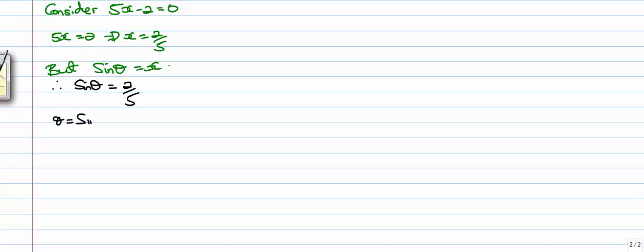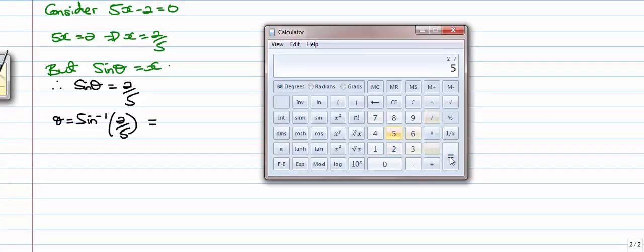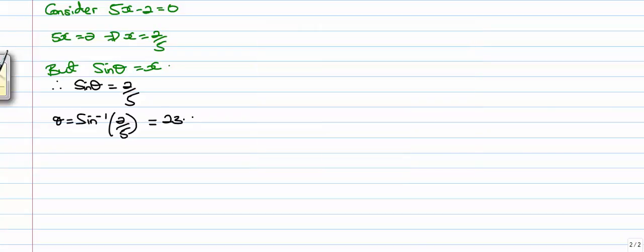Making theta the subject by taking the arc sine, you get the arc sine of 2 over 5, and you obtain our value as 23.6 degrees. The first value we get is what we call our principal value, which is going to help us obtain other values for theta in that particular equation.